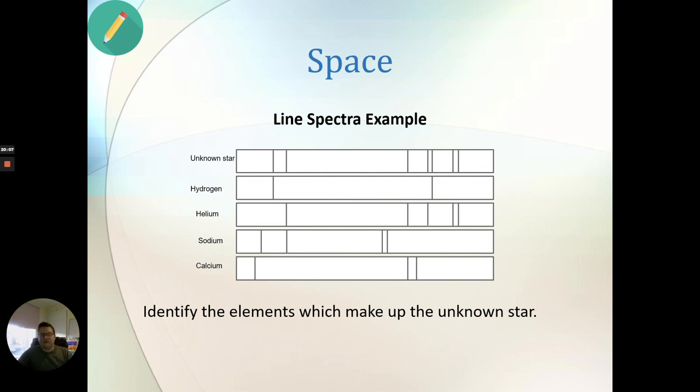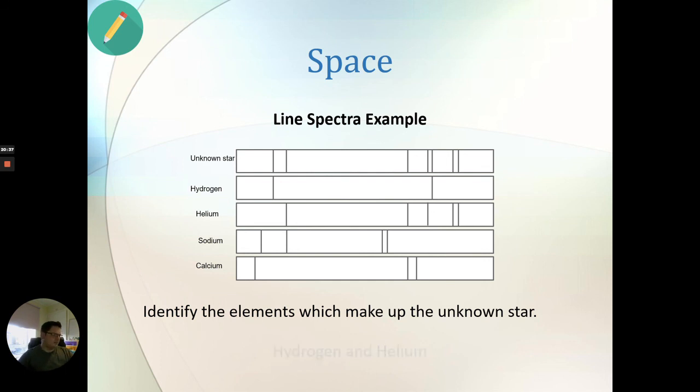Just in black and white, because that's what you get in the test. So if you have a look at it, which patterns match up? Which elements can you see in that unknown star? Might help to find a ruler and just put them along, but if there's any line missing, it's not there. They all have to line up.